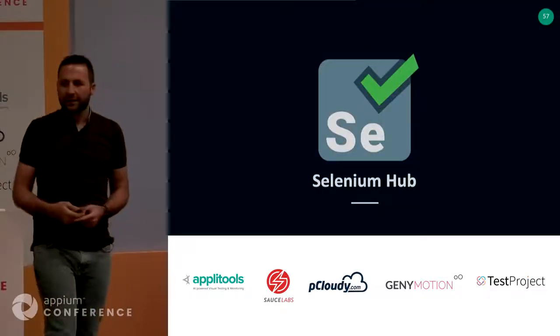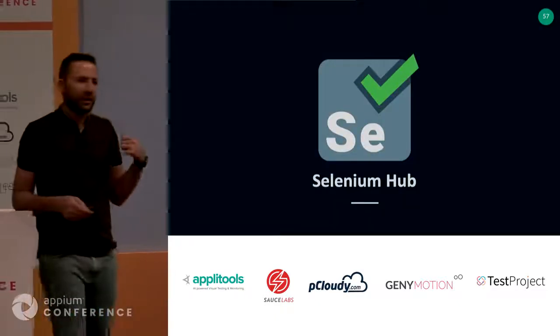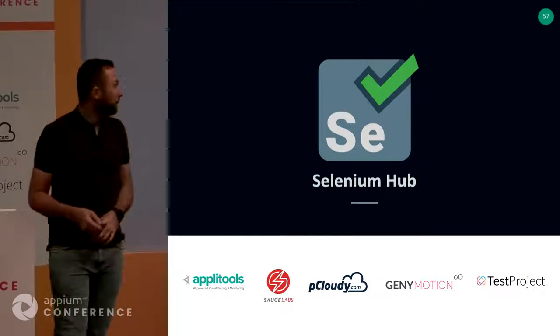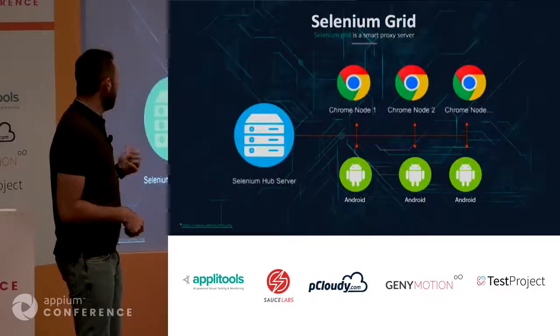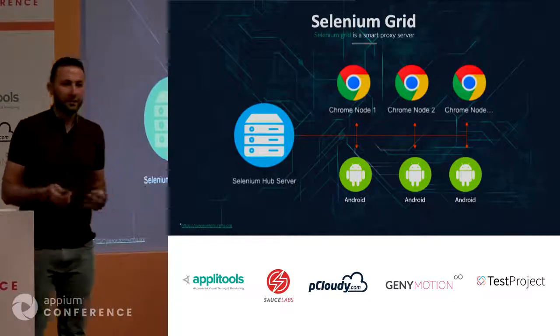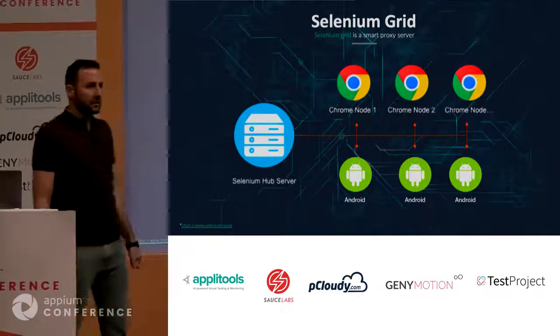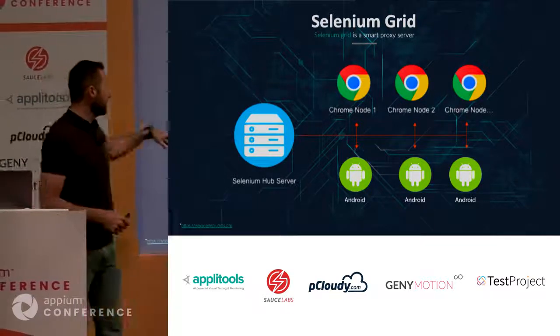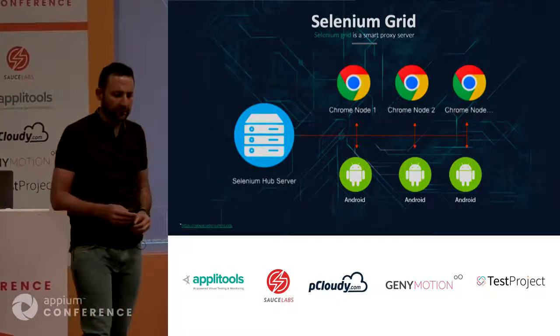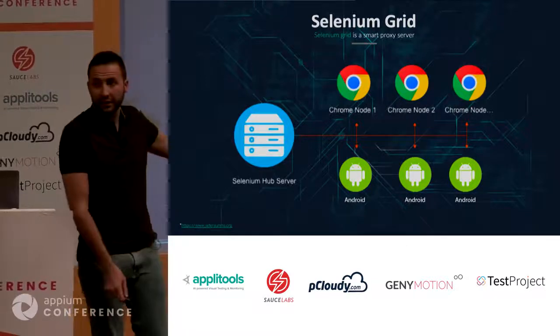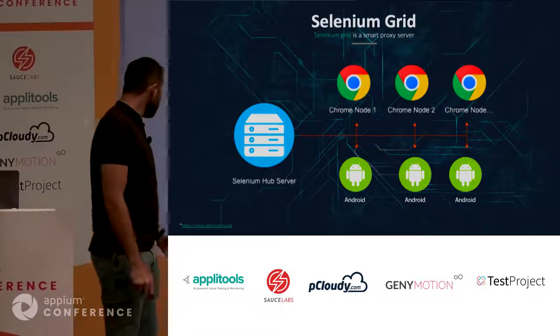So Selenium Hub, we already talked a bit before, but let's go a bit deeper here. Everyone, I guess, knows about the Selenium Hub. It is a smart proxy server which controls the connected browsers and also Android devices.